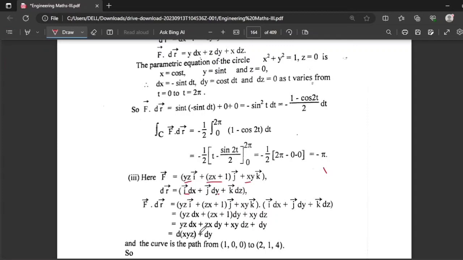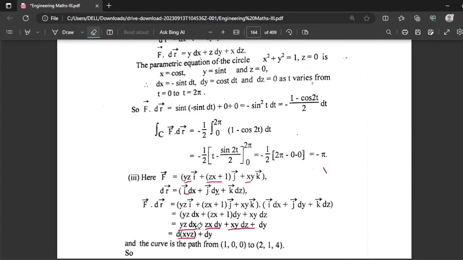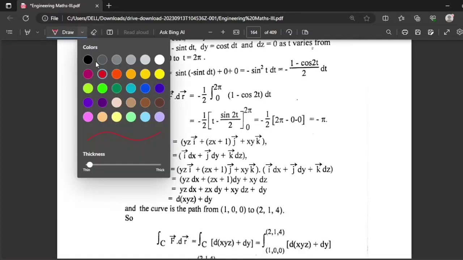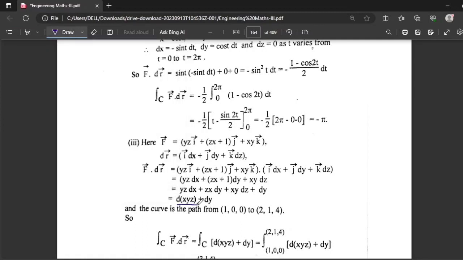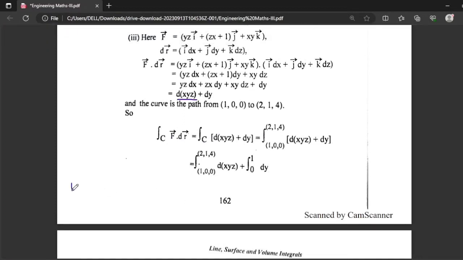Now you realize that yz dx plus zx dy plus xy dz is d(xyz), because the derivative of xyz is the derivative of x multiplied by yz.